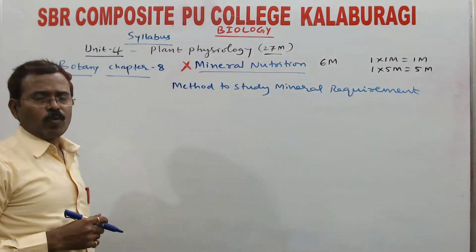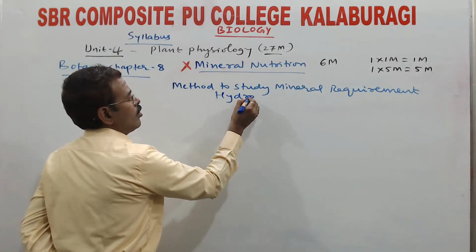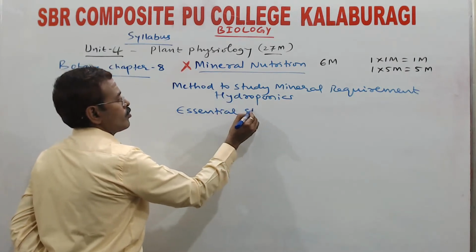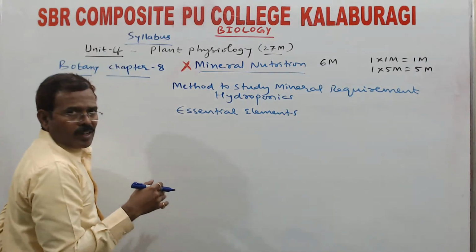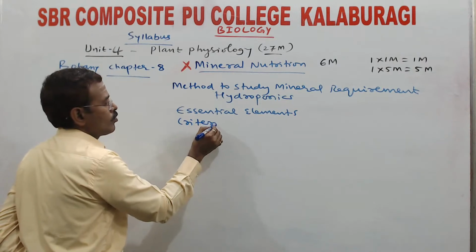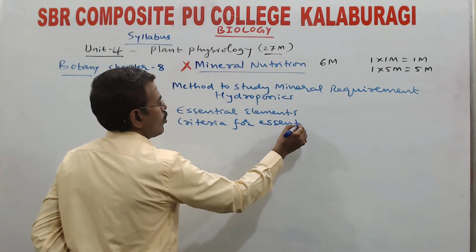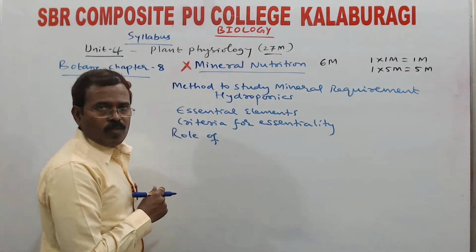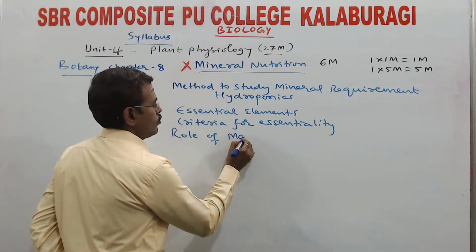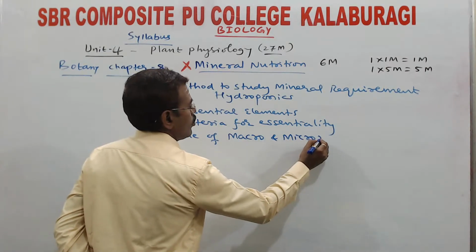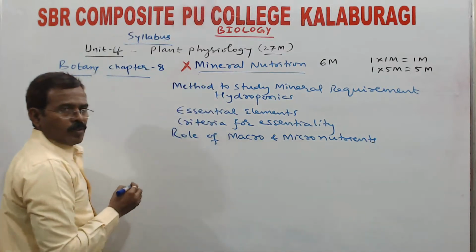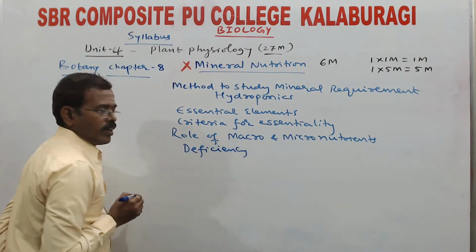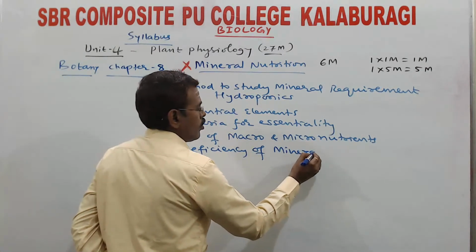First concept, methods to study mineral requirement. We learn about the technique hydroponics, essential elements, criteria for essentiality, role of macro and micronutrients in plants, deficiency of mineral element.